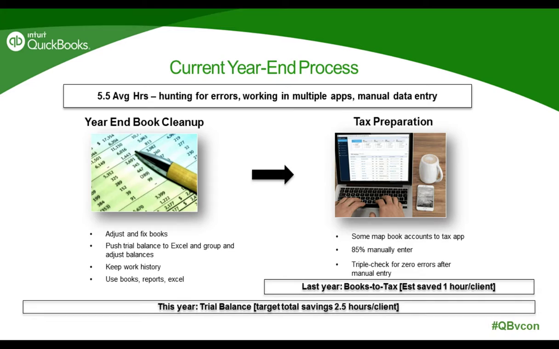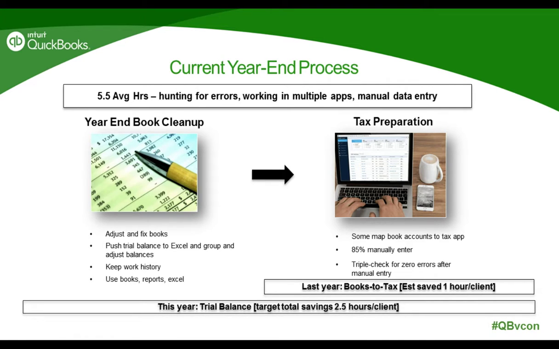So we're either hunting for errors, making journal entries, sending the trial balance into Excel, making calculations in Excel. In some cases, printing out the reports or the journal entries themselves, adjusting them by hand, making photocopies. That whole process is very arduous, and it does take an average of 5 hours.